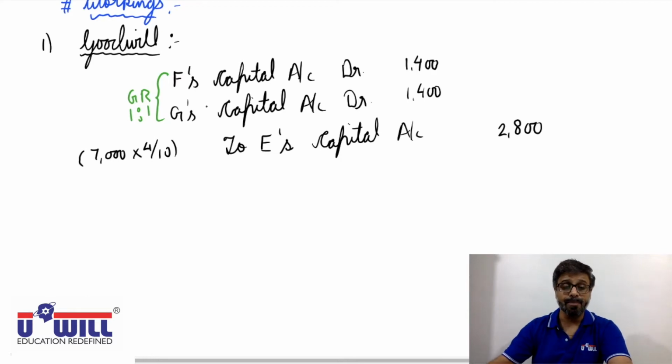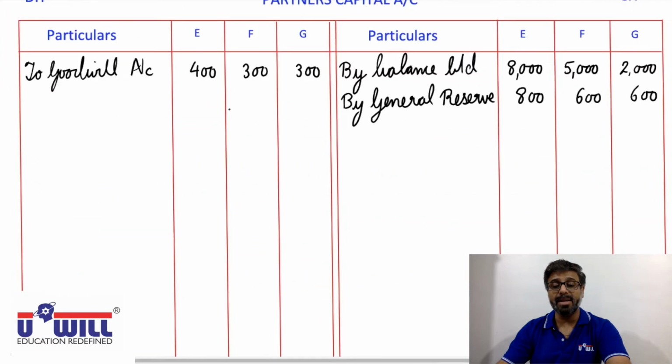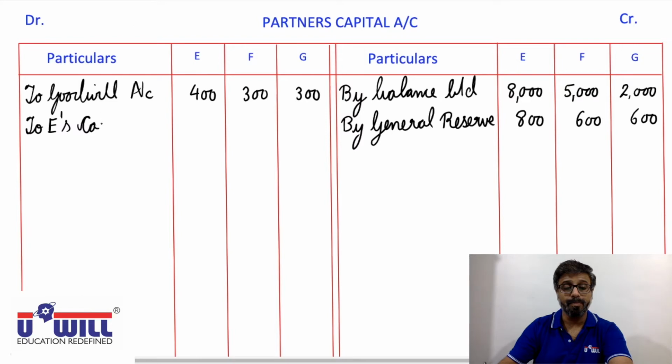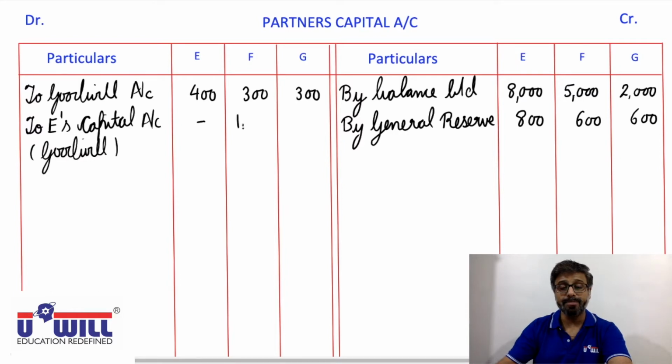Now the effects. F's and G's capital accounts debit, means in the partners' capital account debit side the amount will come in the F and G columns, opposite account to E's capital account, in bracket goodwill, in F's column 1400 and in G's column 1400.